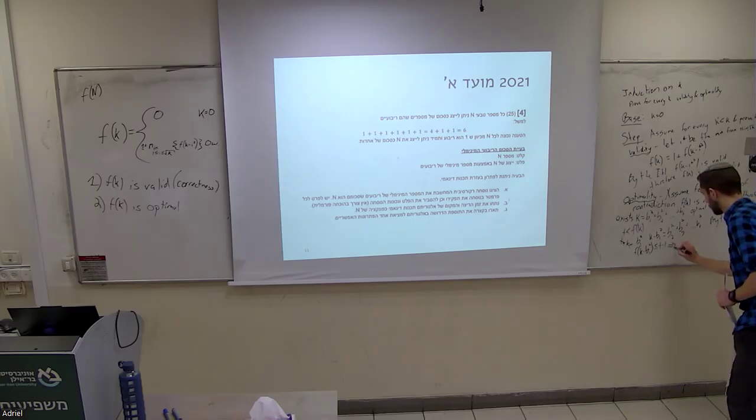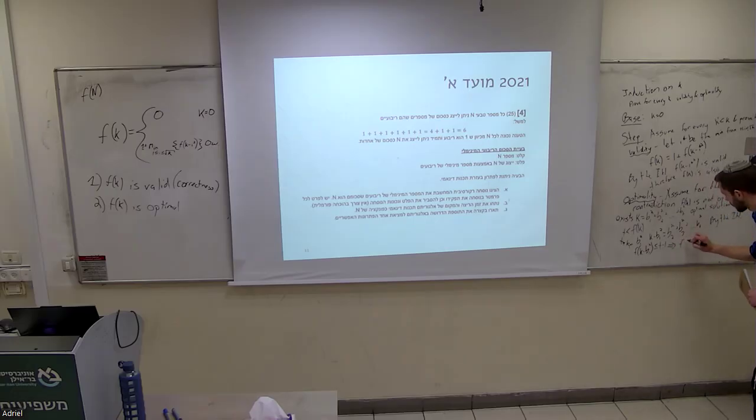Therefore, f of k is smaller than f of k minus b1 squared plus 1, right? Because just by definition. And then we know that this is smaller or equal to t minus 1 plus 1, which is t. Contradiction.